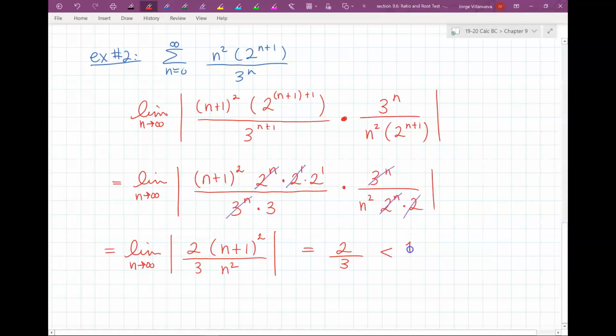Which is less than 1, which means that the series, as n goes from 0 to infinity, of n squared times 2 to the n plus 1 over 3 to the n converges absolutely by the ratio test.